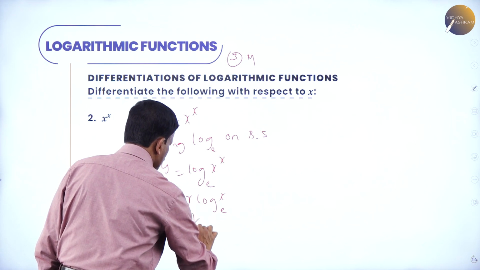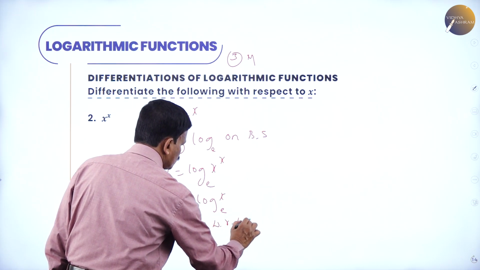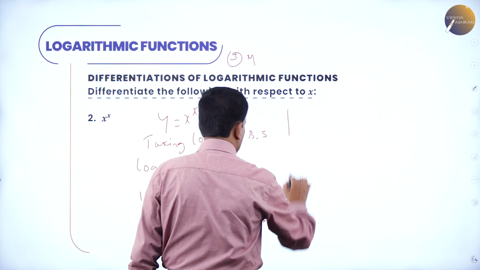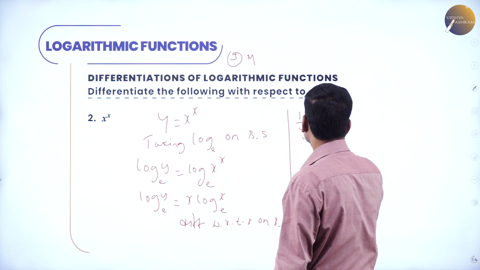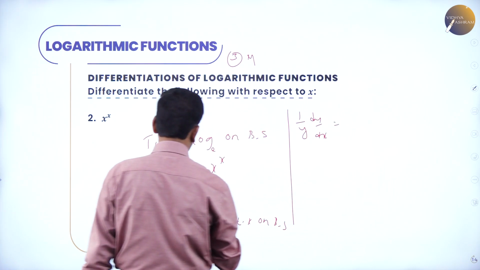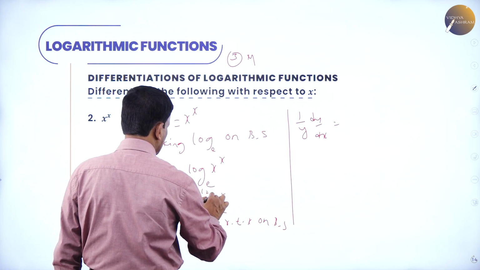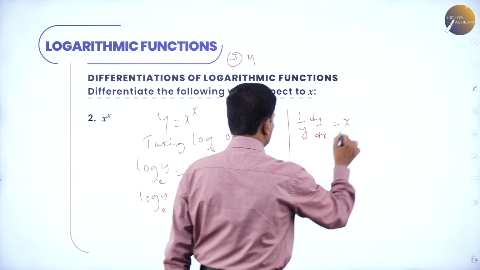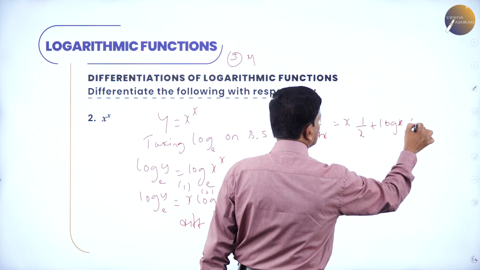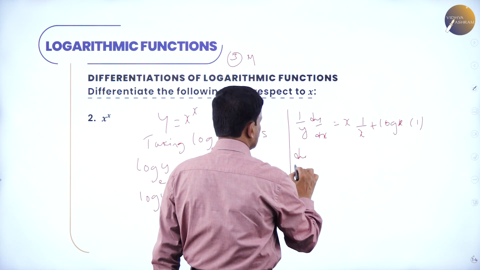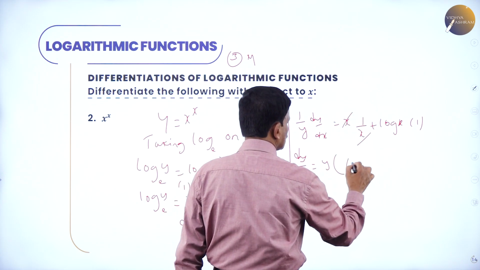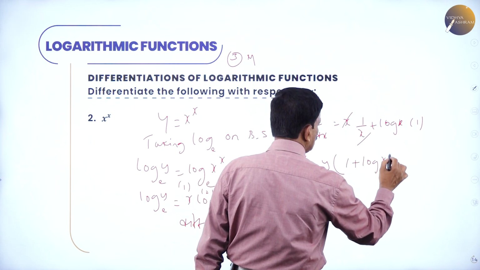Now differentiate this with respect to x on both sides. Differentiation of log y is 1 over y dy by dx. This is nothing but the product rule. First function and second function: x constant, derivative of log x is 1 over x, plus log x constant, differentiation of x is 1. dy by dx is equal to y into, this x gets cancelled, 1 plus log x.